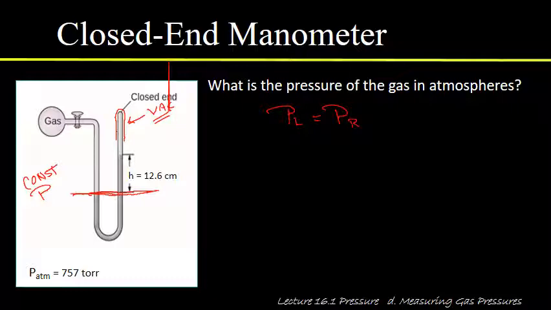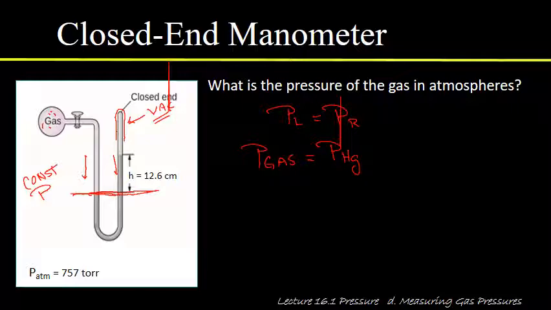And if we look at what's pushing down on both sides, on the left side, the pressure of the gas is pushing down on the surface of the mercury. So we've got the pressure of the gas. And on the right-hand side, we've got this column of mercury. So we've got the pressure of the mercury.